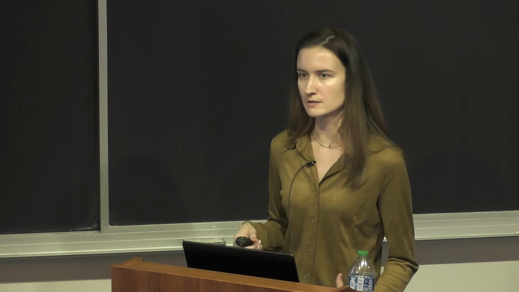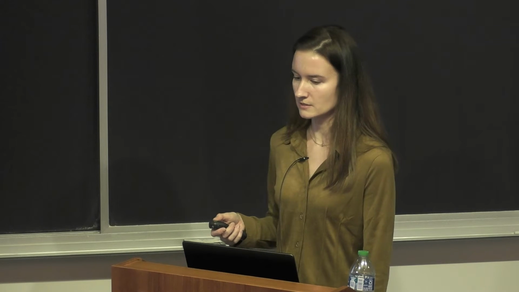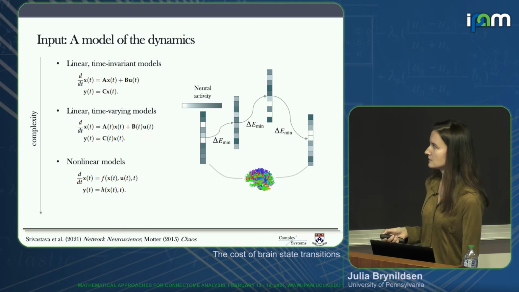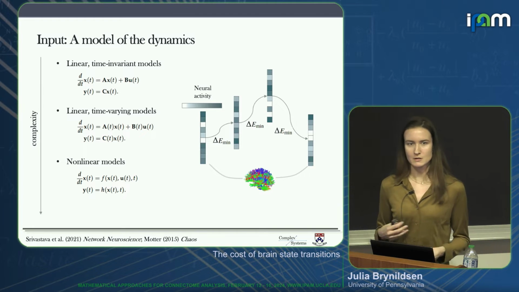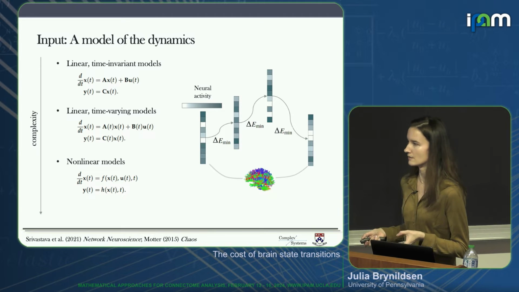That seems to be the case because some combination of noise and filtering and averaging over the activity of many neurons within a region is actually masking those nonlinearities that we would see at a smaller scale of resolution. So the model that we use is linear and time invariant. However, if you were thinking about microscale dynamics, it might be more appropriate to consider a nonlinear model.